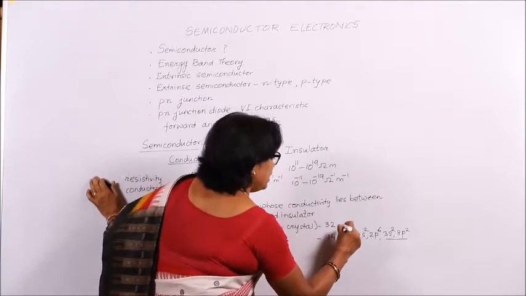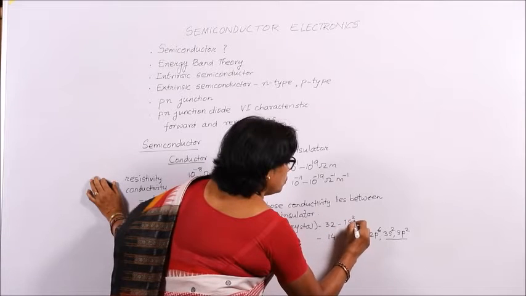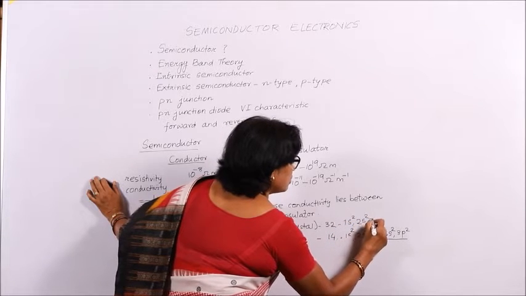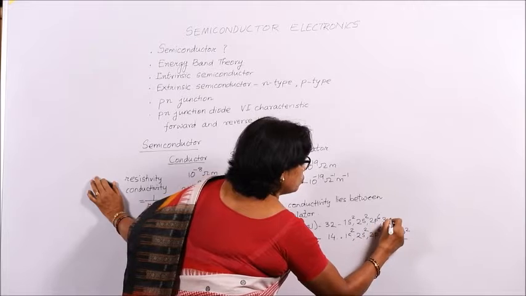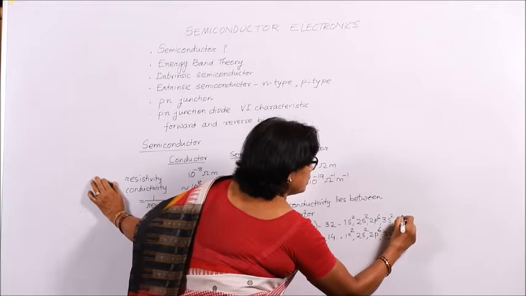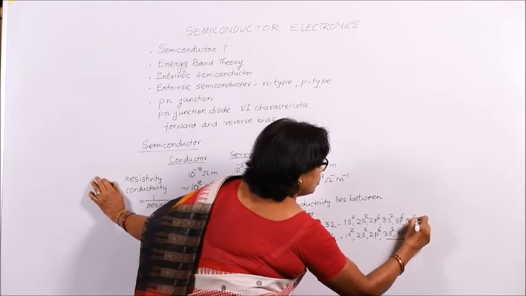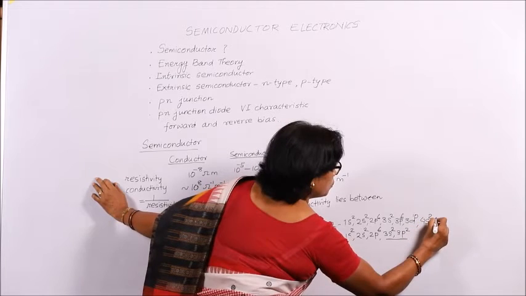Whereas in case of germanium, it will be 1s2, 2s2, 2p6, 3s2, 3p6, 3d10, 4s2 and 4p2.